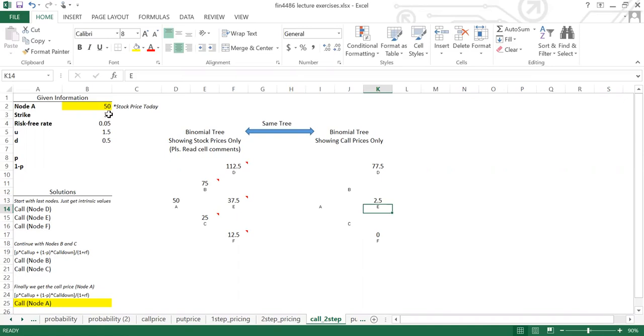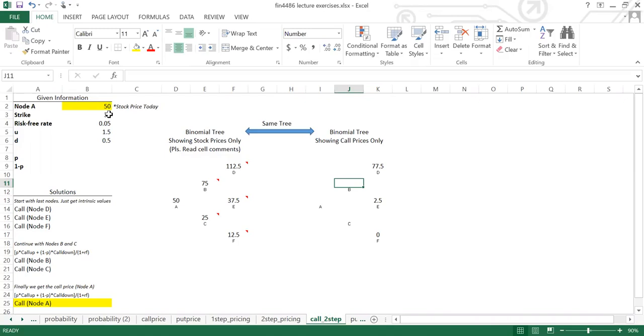But we need to find the possible values before expiration. So we need to solve for nodes B and C. And how can we do that? We can use the formula for the price of a call option that we have already used before in the one-step binomial tree.